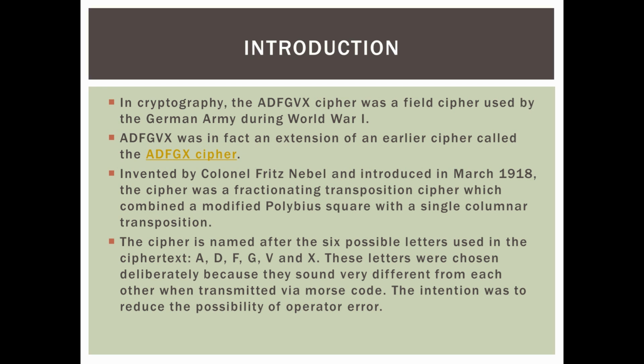The final point is the cipher is named after the 6 possible letters used in the cipher text: A, D, F, G, V and X. Now what is the reason behind choosing only this distinct set of 6 characters? These letters were chosen deliberately because they sound very different from each other when transmitted via Morse code.